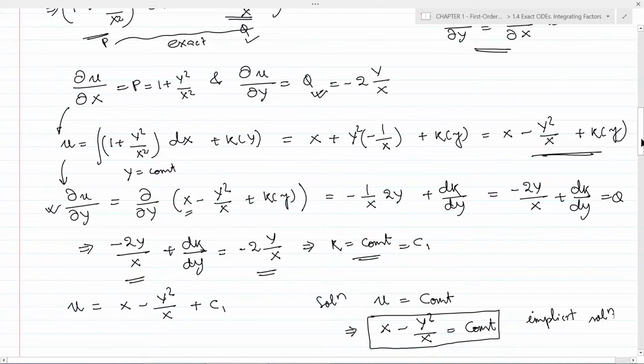This method is quite lengthy, however it is intuitive, easier to understand and easier to remember. So, while solving the problems in this chapter, we are going to follow this method only. You can obviously remember the formulas if you want and skip the steps and directly put the formula to get the answers.